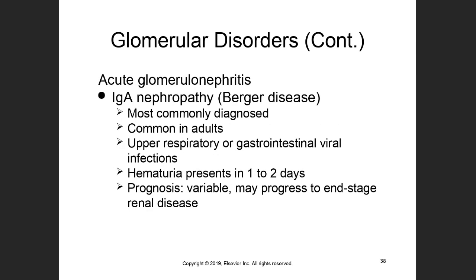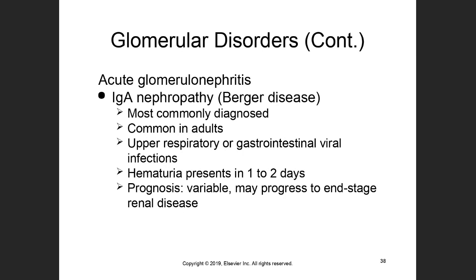Now we have immunoglobulin A nephropathy, another name is Berger disease. This condition is extremely similar to the first one. Most of the time it is due to upper respiratory and gastrointestinal viral infection, but that takes place 1 to 2 days after the infection. So you develop the infection today, and 2 days later the most common symptom is hematuria.